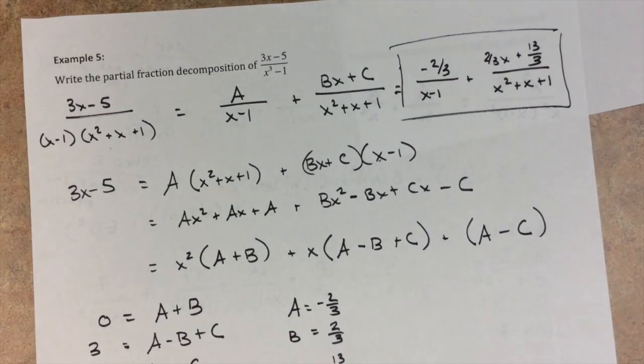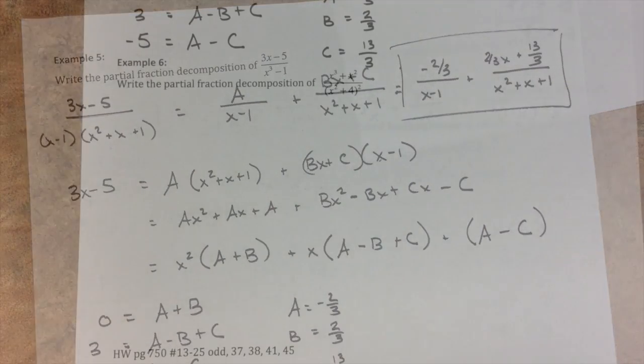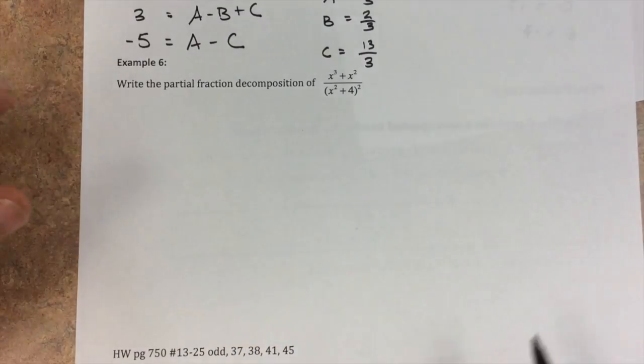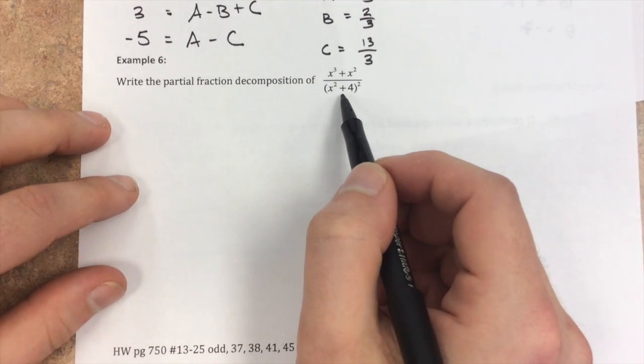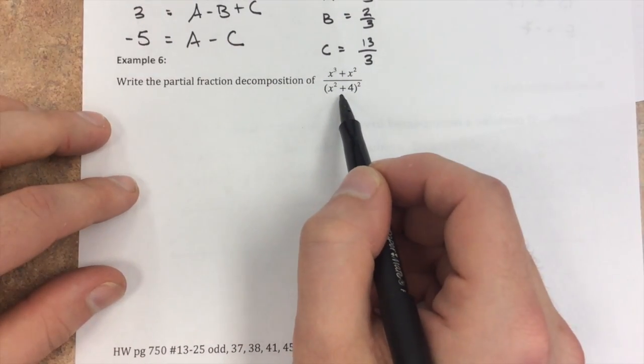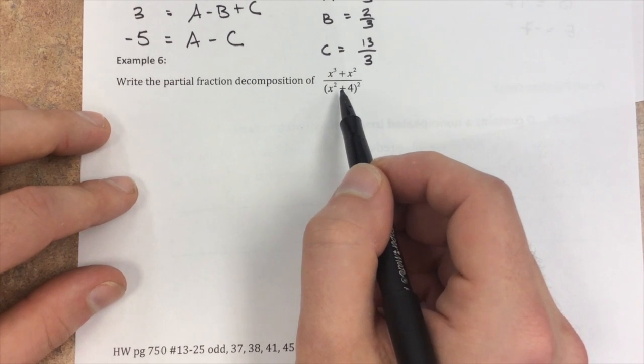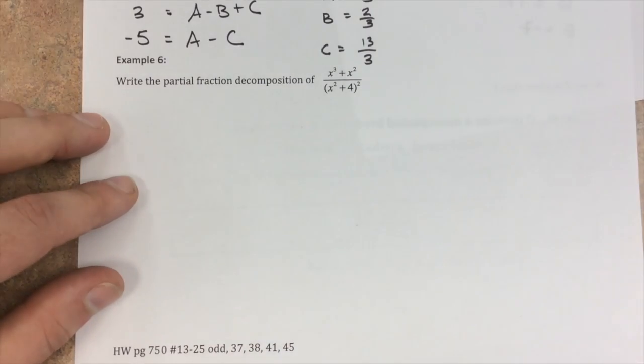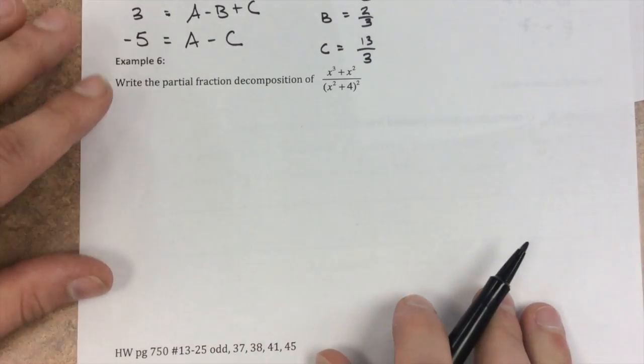We have one more, and then we'll be good to go. All right, example 6. Write out the partial fraction decomposition here. Well, looking at this denominator, we have an irreducible or nonlinear quadratic, and it's squared. So we're going to repeat those factors just like we did before.